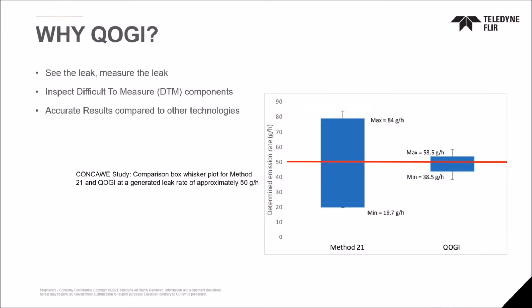And they tested that against a toxic vapor analyzer or a TVA or a sniffer. The result of that is that the QOGI technology was approximately 6 times better at accuracy in measuring the components that were leaking.